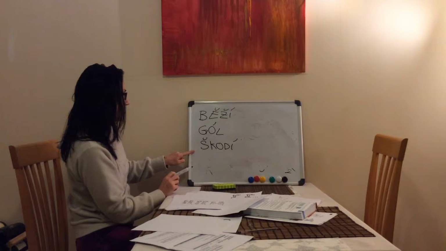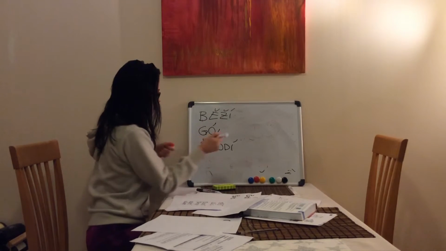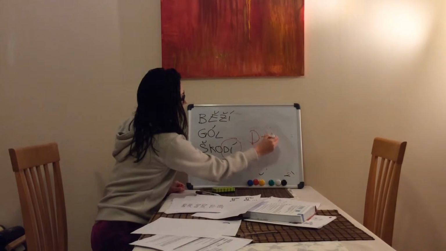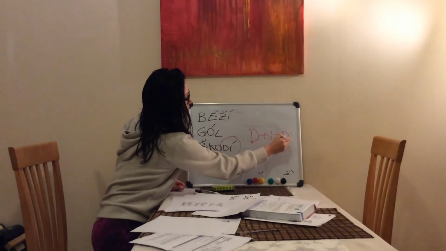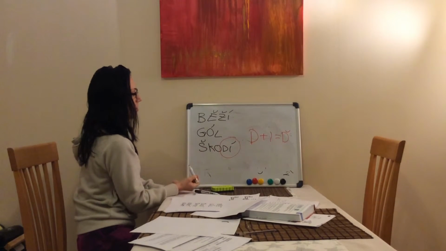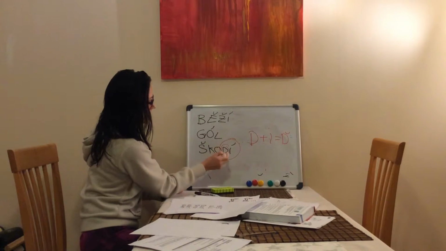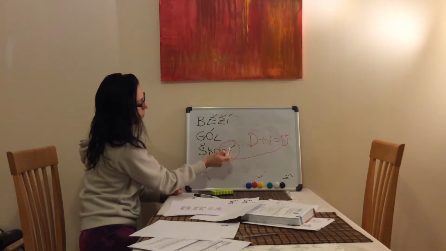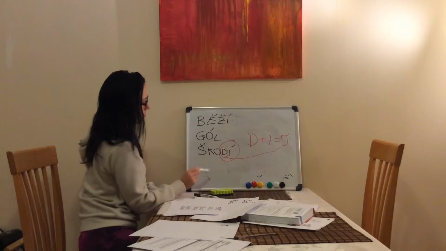So now we have sh, and we've got our d plus I, which changes into the j sound. So škodí. So we pronounce this as j, and then we still have to pronounce the long I. Škodí.